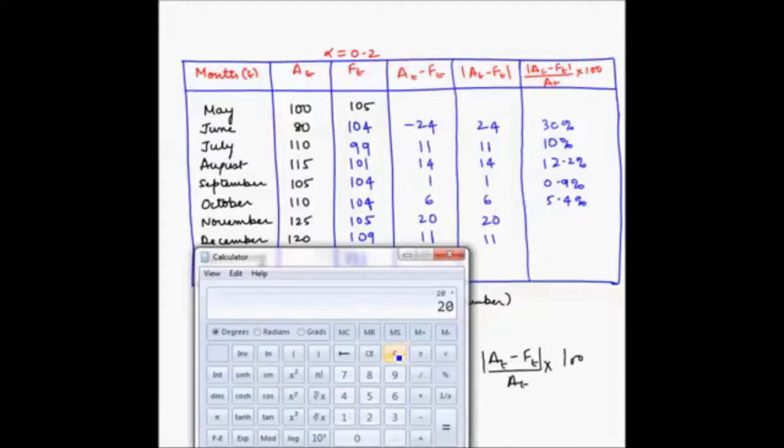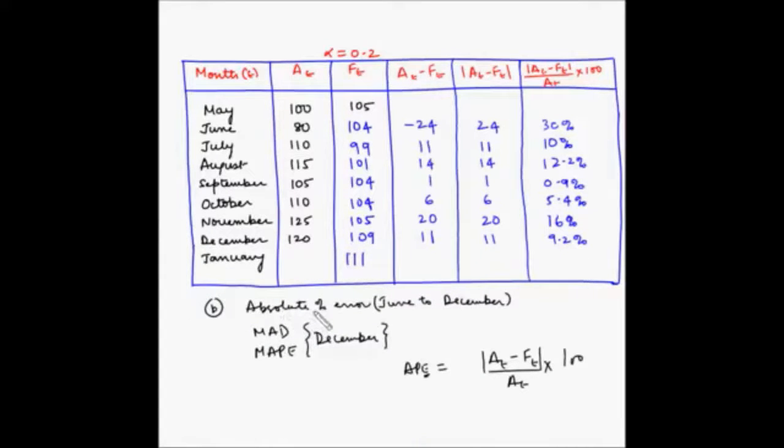Next is 20 multiplied by 100 divided by 125, so this is 16%. And for December, 11 divided by 120 multiplied by 100, so 11 multiplied by 100 divided by 120, so this is 9.16. Let's round it off to 9.2%. So we have found out the absolute percentage error for June through December.